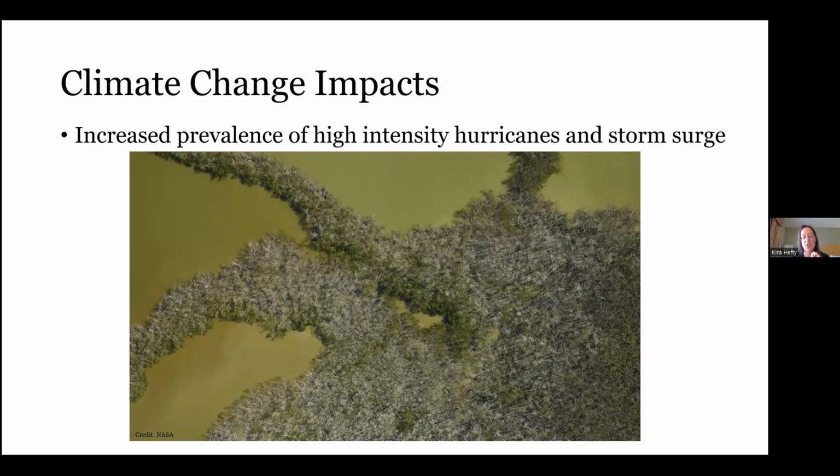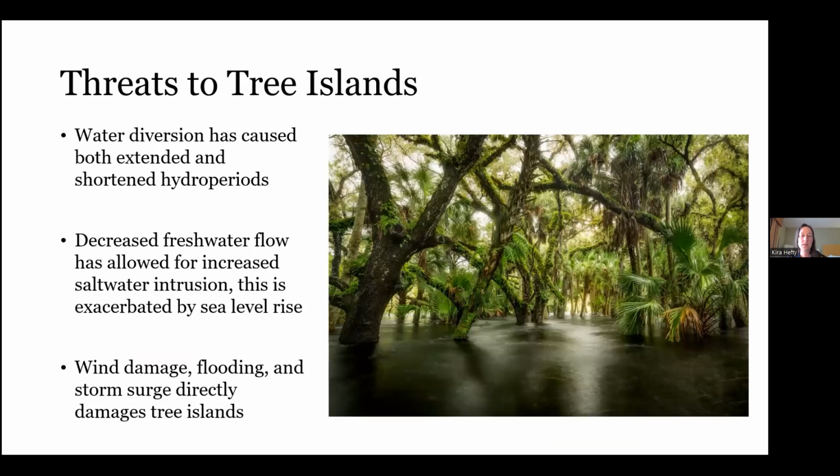And then alterations of that natural freshwater sheetwater flow have impacted the ability of these islands to recover following these storms. So the summary of the threats to these tree islands include that water diversion. That's a direct impact to these tree islands.